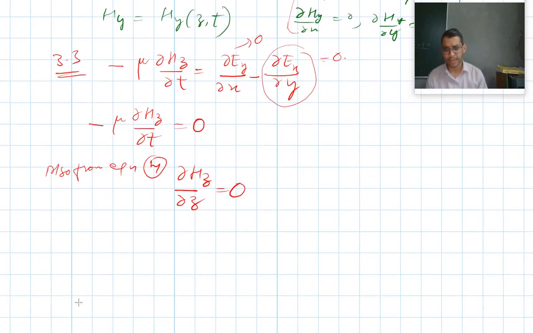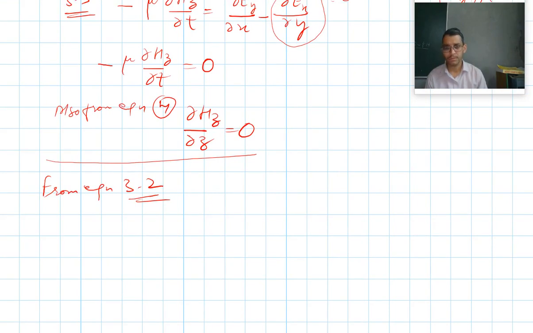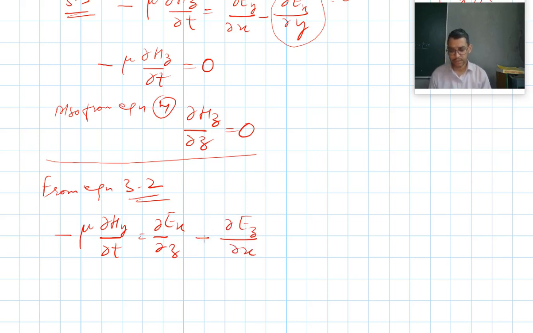Now let us have a look at another equation that we know, from equation 3.2: mu ∂Hy/∂t is equal to ∂Ex/∂z minus ∂Ez/∂x.